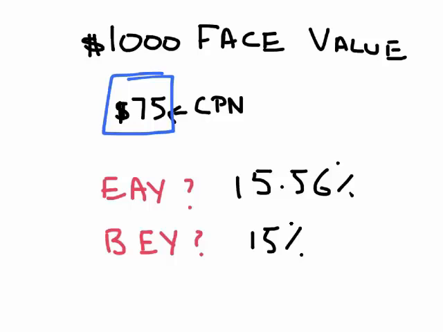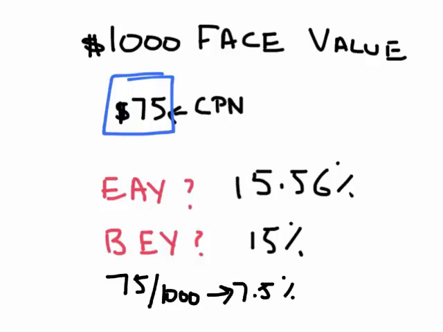As you can see, $75 divided by $1,000 is 7.5%. And for BEY, all you have to do is multiply by 2 and you get BEY. But in order to convert into EAY or EAR, you have to do some other calculation.